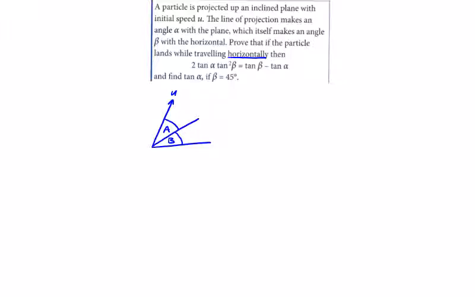The key in these questions with landing angles is the velocities at impact, v of x and v of y. The reason is, if we imagine a particle coming into land that strikes at this point, we have the velocity of x and the velocity of y making up this vector coming in this direction.